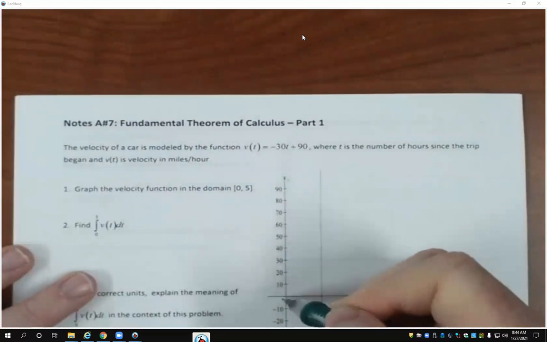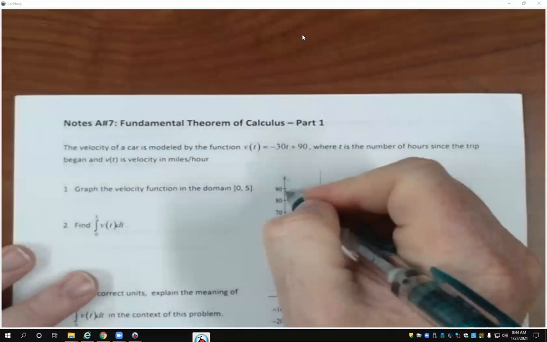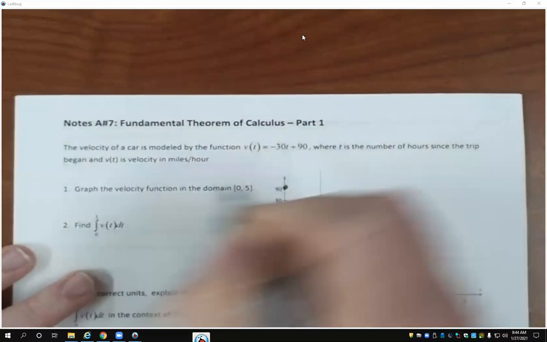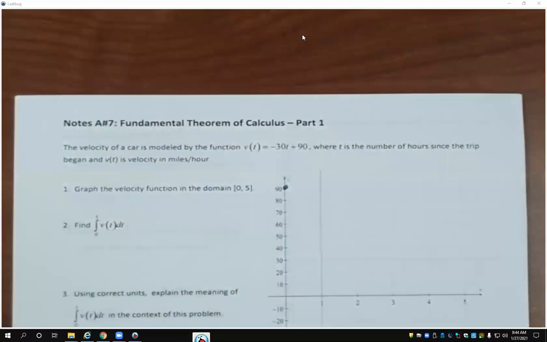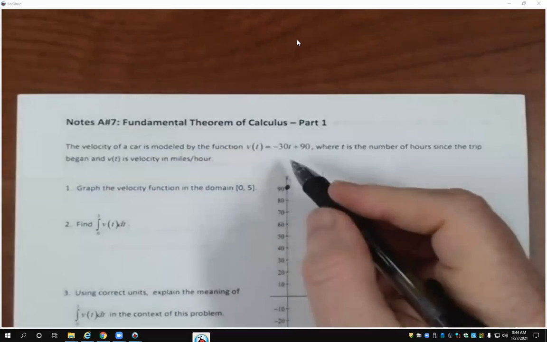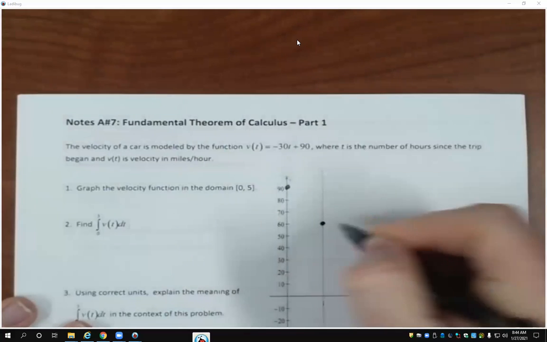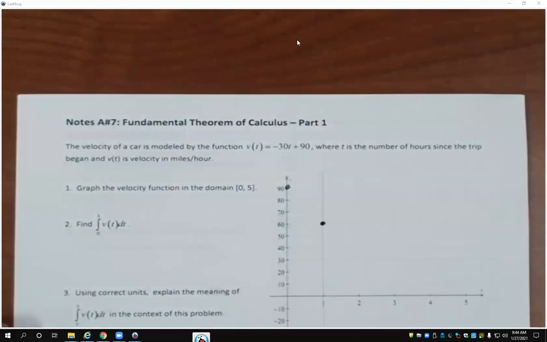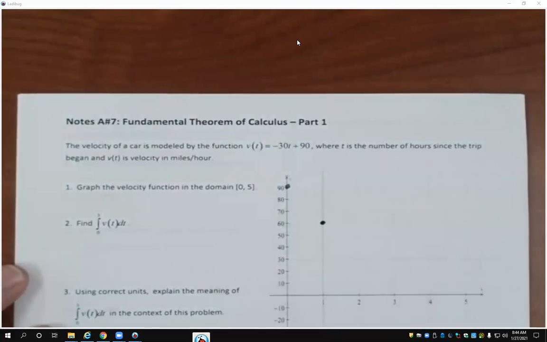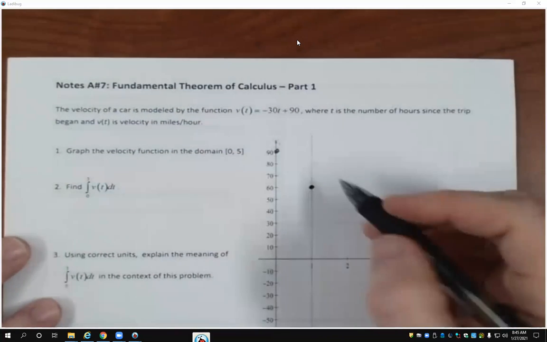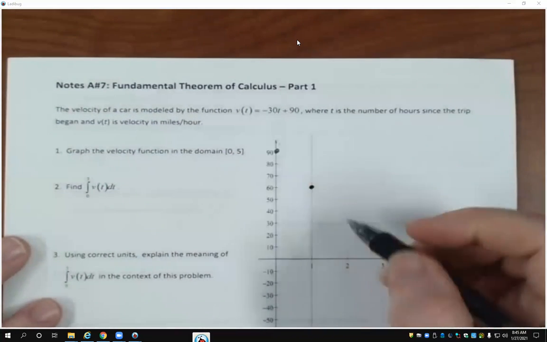If I plug 0 in, I'm going to get 90. We'll plot that point. Next, we plug 1 in and get 60. I know the graph is hard to see. It didn't print out well for me either, but we'll do our best. When we plug 2 in, that gives us 30.